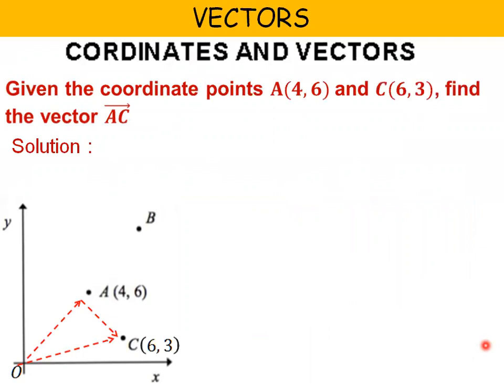Given the coordinate points A 4, 6 and C 6, 3, find the vector AC.